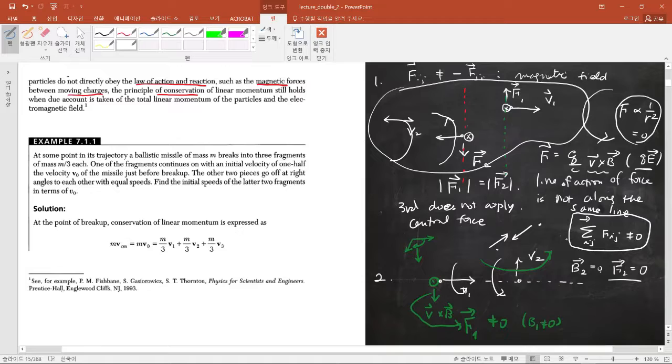Then of course the third law does not hold, and the linear momentum conservation is not valid, even if you think of this as an isolated system.